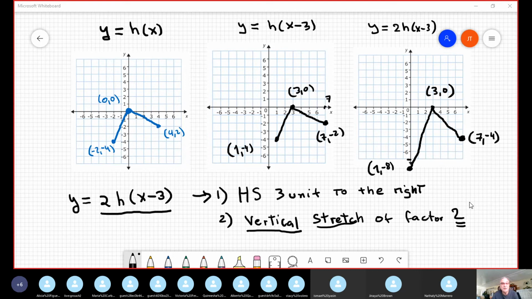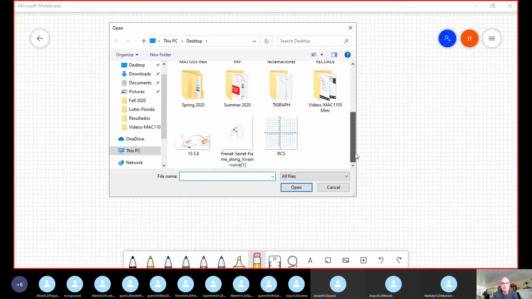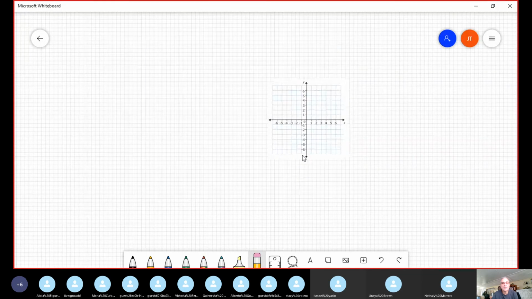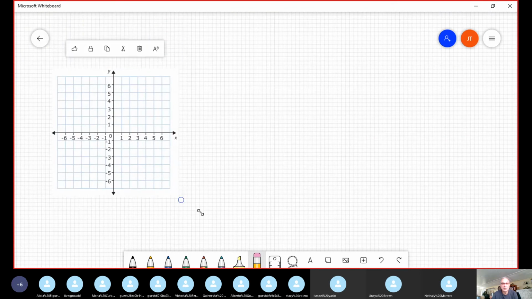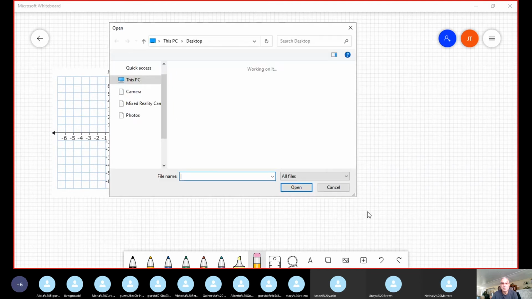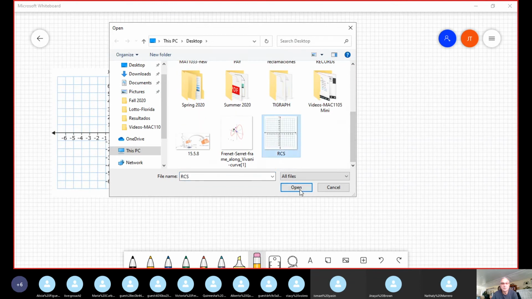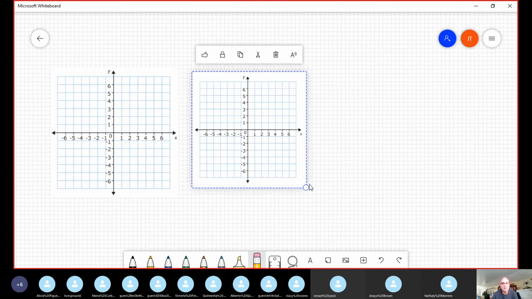One more example. Let me erase everything. We are doing another similar problem. It contains again 3 graphs: y1, y2, and y3, the same idea, because we have the original and we have two transformations.